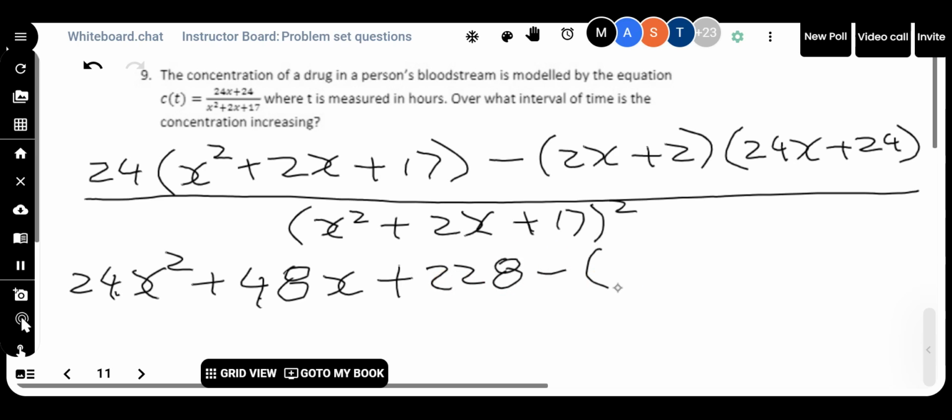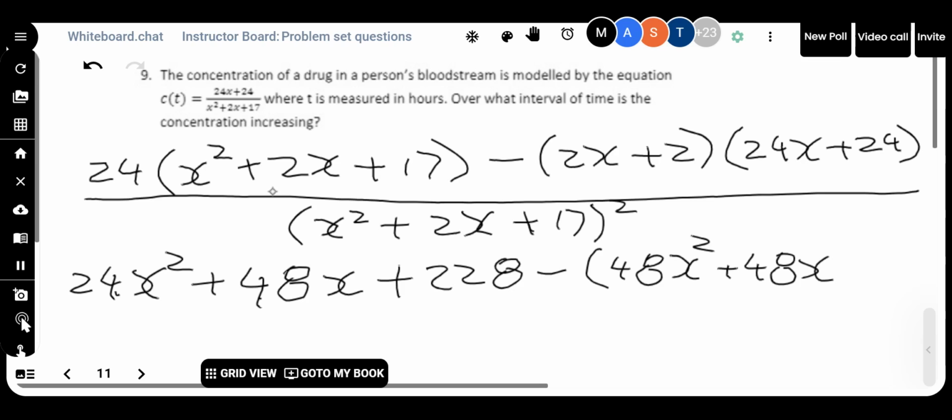Minus, I'll put all of this in a bracket here, 48x squared plus 24x plus another 24x. So I'm going to say plus 48x. I'm not going to be able to finish this. Okay, you know what, folks?